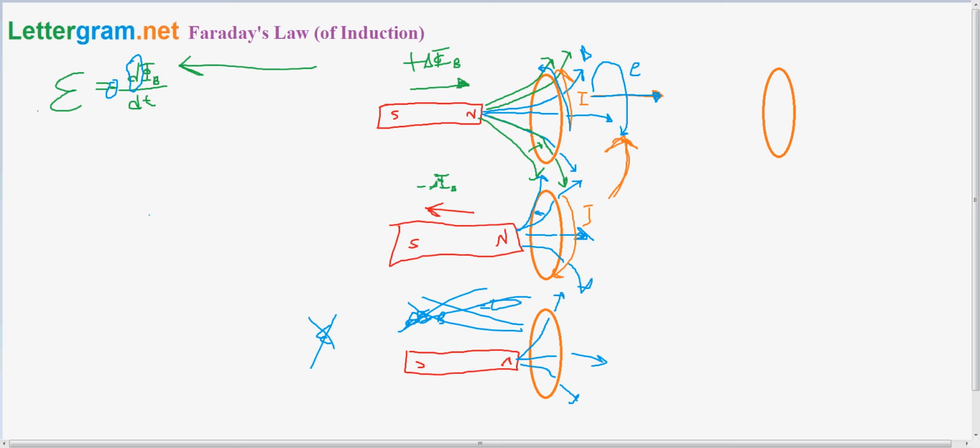Another way we can write this formula is the EMF is equal to the negative derivative with respect to time of the magnetic field times the area times the cosine theta between them. If you don't understand this formula, it's in a previous video. Essentially, this right here is the magnetic flux, so this is just another way of denoting it.